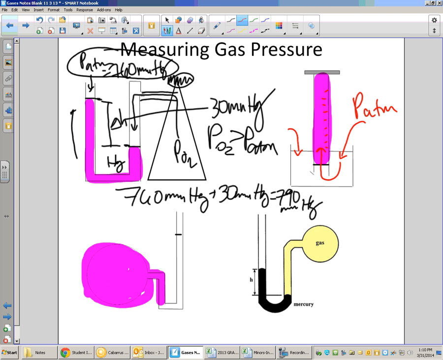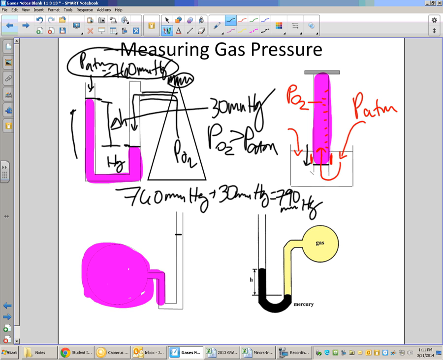But in this case, notice the gas level is below the surface of the water. So who's pushing harder, if this pink stuff is still oxygen gas? The oxygen gas is pushing so hard that it's actually pushing the water out of its way. It's pushing down on the water, and it's displacing the water from that little part that's underwater.